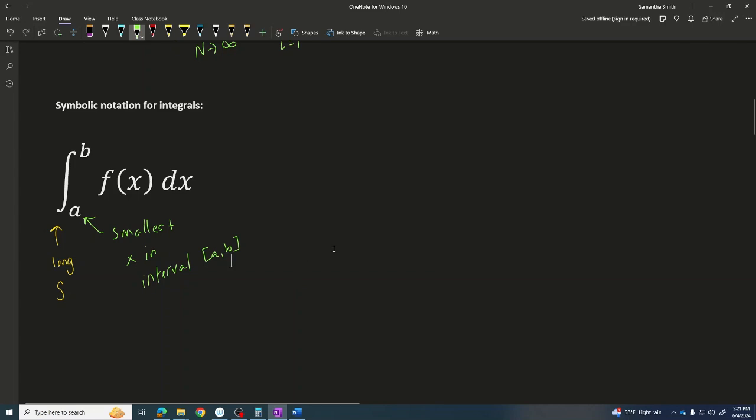And that b is the value of x on the other side of the interval for your Riemann sum. b is the largest x. Then in the middle, you have the function f of x, for your Riemann sum.